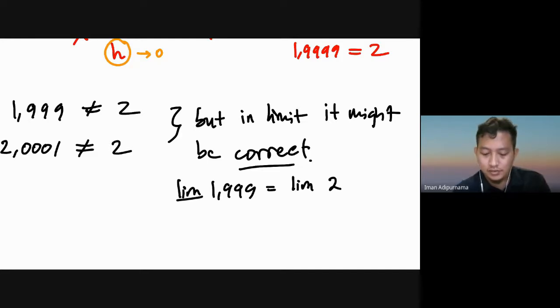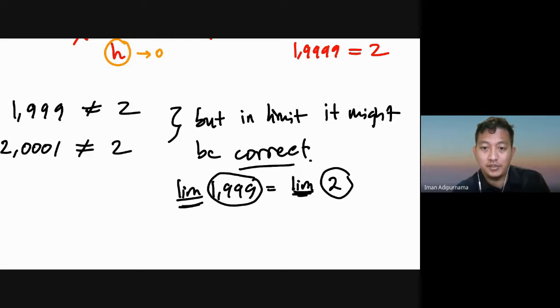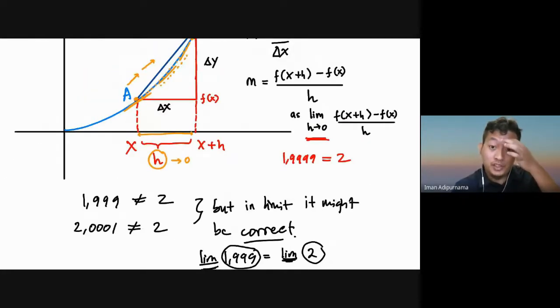In terms of limit, you can say that these two numbers become the same. But remember, every time you're dealing with a limit, the actual number is actually different. But if you are going into the limit concept, you can say it's the same.